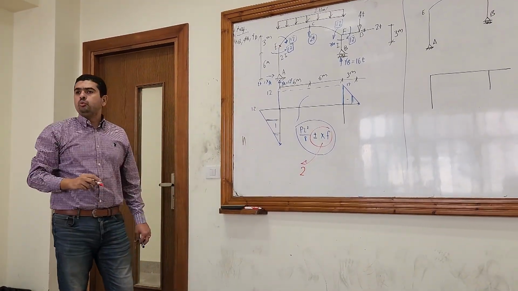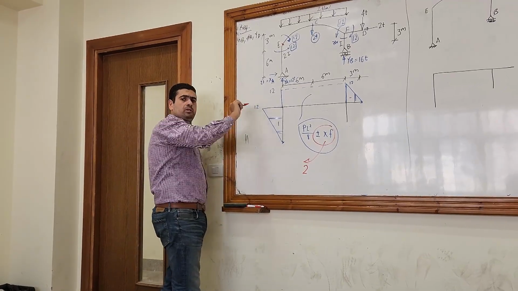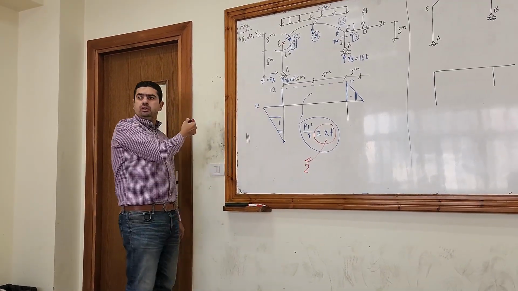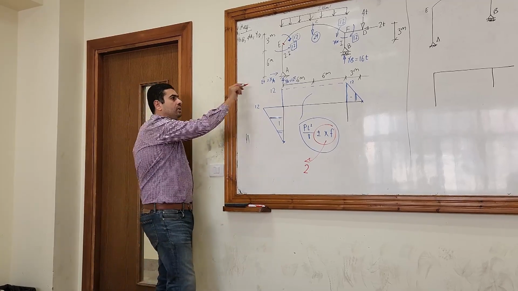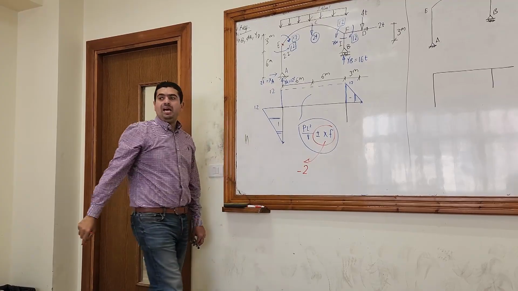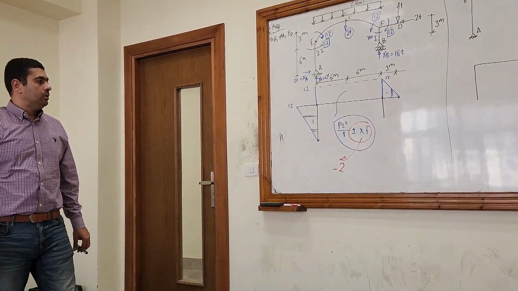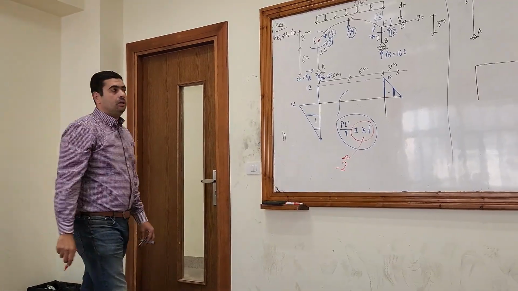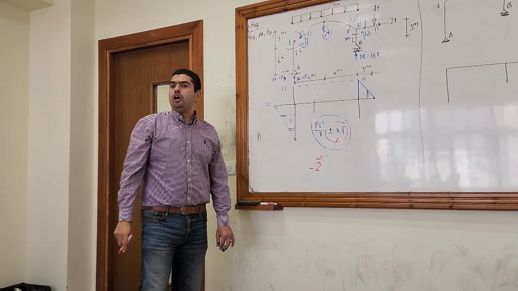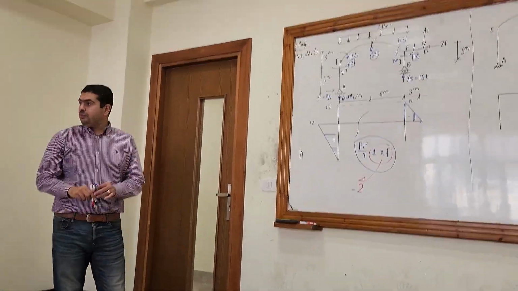What is the 2 doing? Is it compression or tension? I think it is doing a compression. So a compression is negative and tension is positive. So what about F? F is the height of the arch, and take care from this definition.